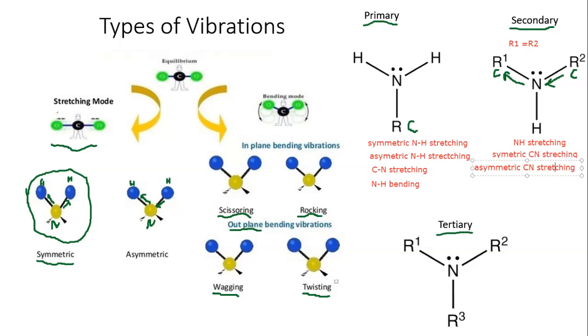This one's a little bit different because now we only have one hydrogen. So you can get, for example, these three bonds here can wag or bend. So you may get some NH bending.